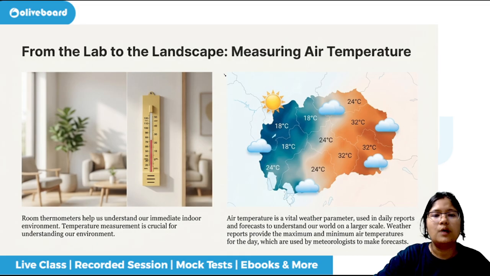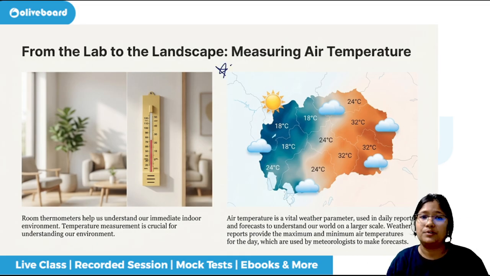Now let us come to how we measure the air temperature and what help it does for us. We can have different room thermometers as well. This will help us identify the temperature inside our room in the immediate environment.